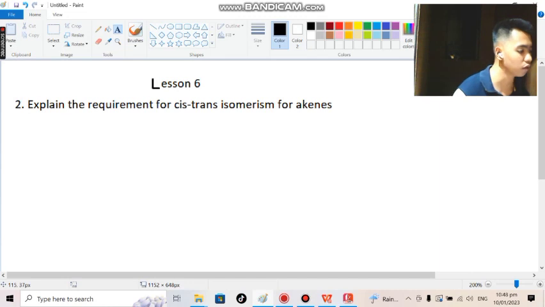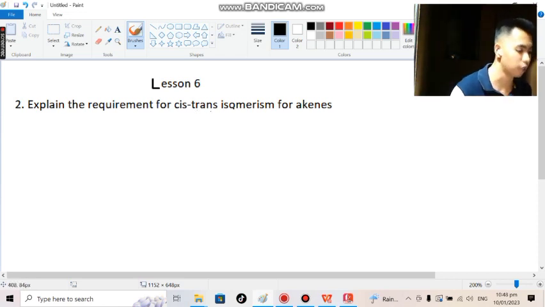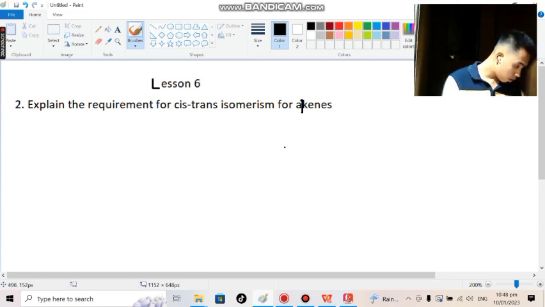We're down to our second question, which is we need to explain the requirement for cis and trans isomerism for the alkenes. This is how we do it.